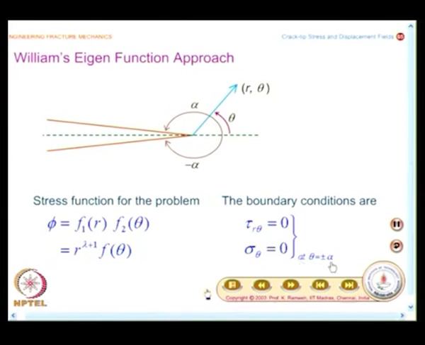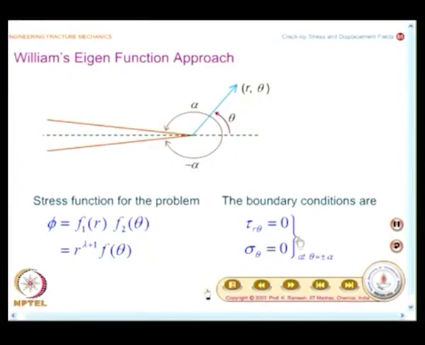What we will do is write a very generic expression. After writing the generic expression, we will substitute alpha equal to pi. That would make the problem for a crack. And mind you, here we are not discussing anything about what happens at infinity.